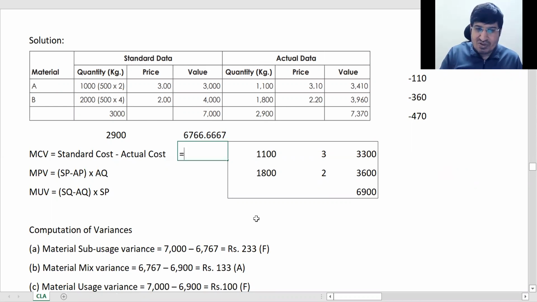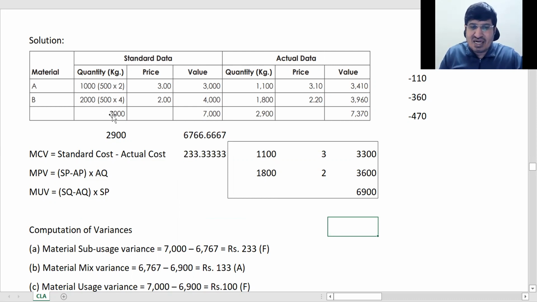So what you will do is just 7,000 minus this. Okay, this will be your yield variance. In the other case, I said just find out directly for 100. If you find out directly for 100, what comes is the same, you will get directly 233. 100 is your yield difference, right? 3,000 minus 2,900, 100 is the yield difference, correct?